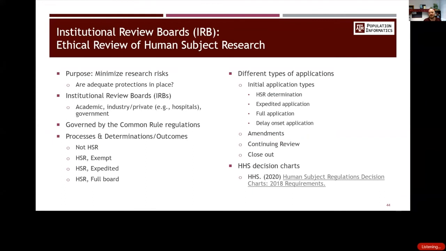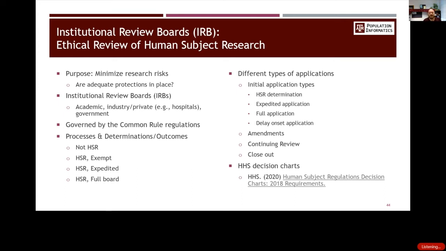And a lot of this is based in the law, those Common Rule regulations that we talked about just a few moments ago. Again, the purpose of these regulations is to minimize research risks while allowing valuable research to proceed forward. So the IRB's job is to look at the risks and identify whether or not those risks are appropriately small and whether or not additional protections can bring those risks down.